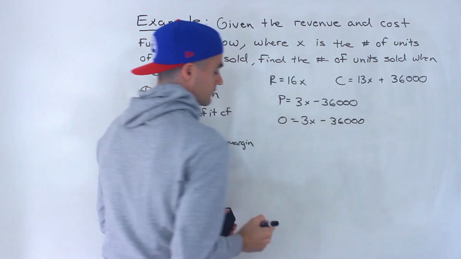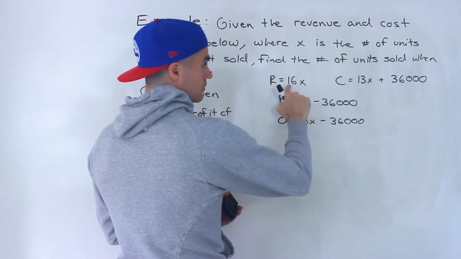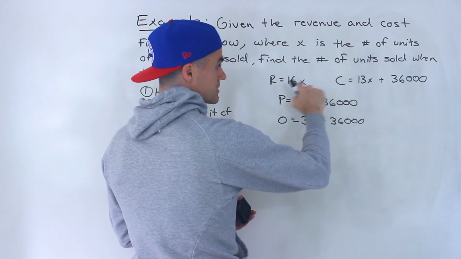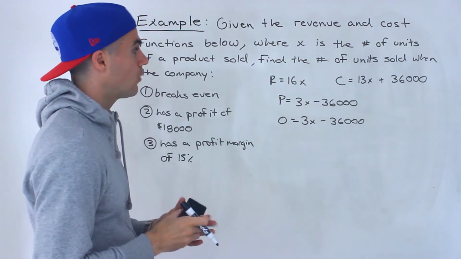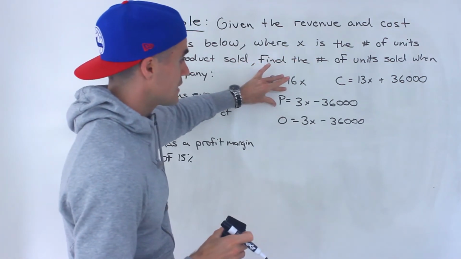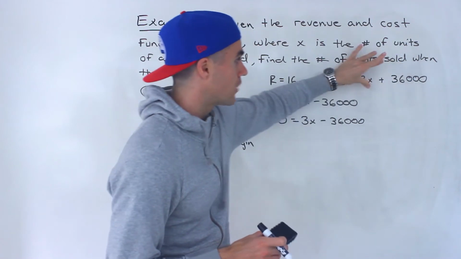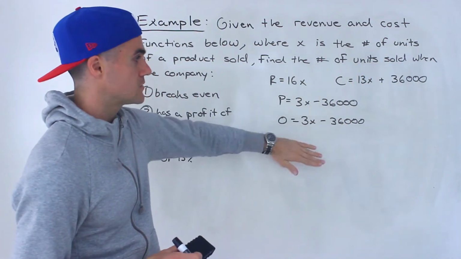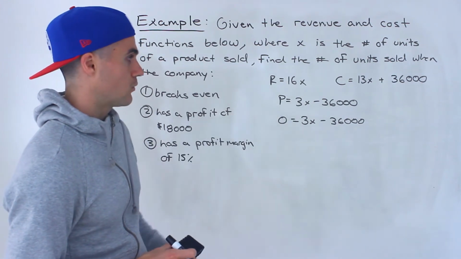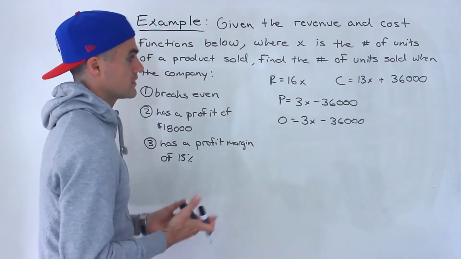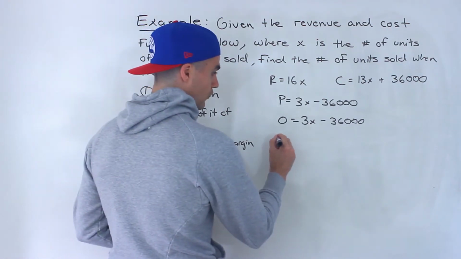But if you were to make both of these equal, 16x equals 13x plus 36,000, you would get the exact same solution. Or if you were to take this minus all of that in brackets and make it equal to 0, as we did before, you'd still get the same solution. So there are multiple ways to go about this. Personally, I just felt like creating a profit function was easier for the whole question.